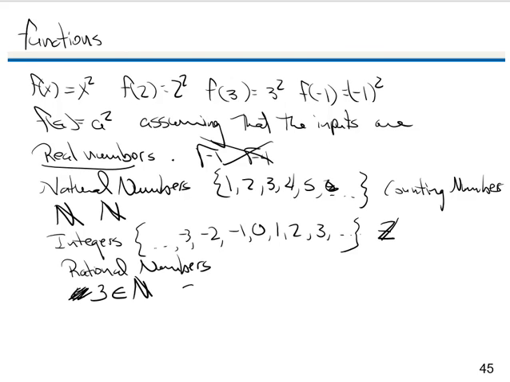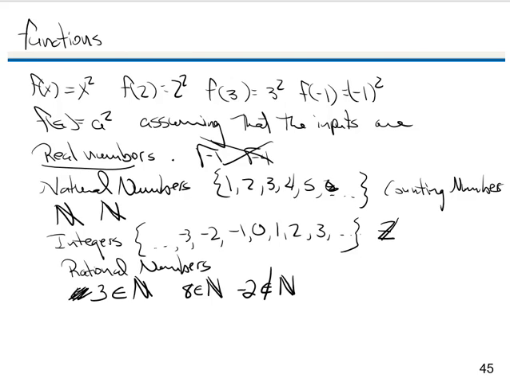We would say that 8 is an element of the natural numbers. However, negative 2 is not an element of the natural numbers. So we have this symbol to mean an element of the set.